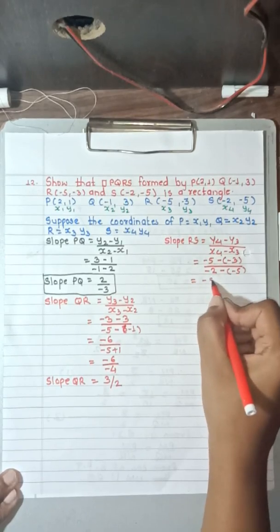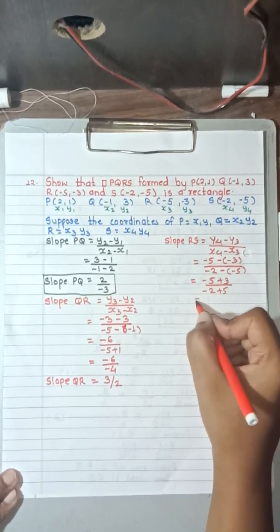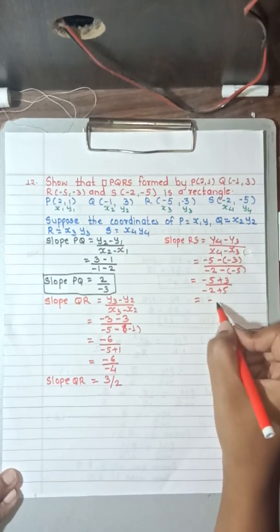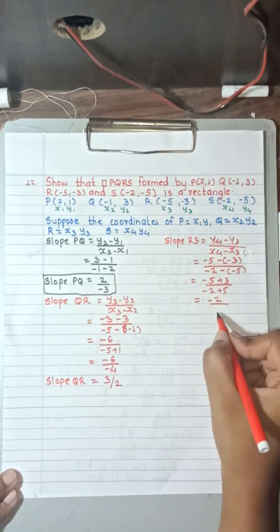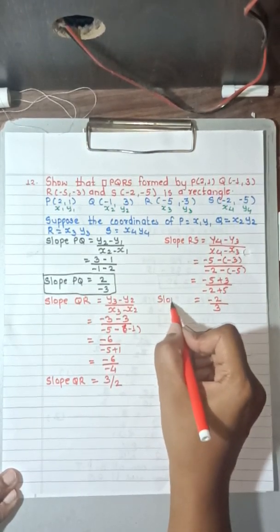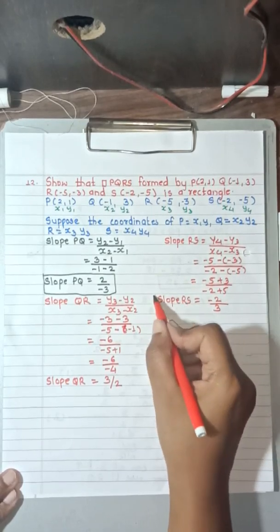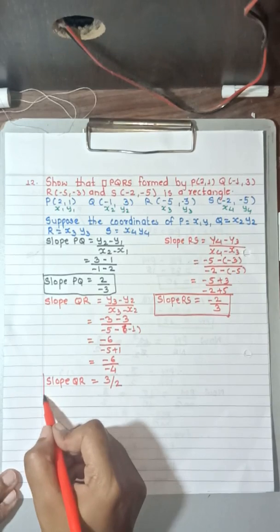That will be equal to minus 5 plus 3 upon minus 2 plus 5. This will be equal to minus 2 upon plus 3. Okay, this is slope RS. I'll just put a bracket over here. Here also I'll put a bracket.